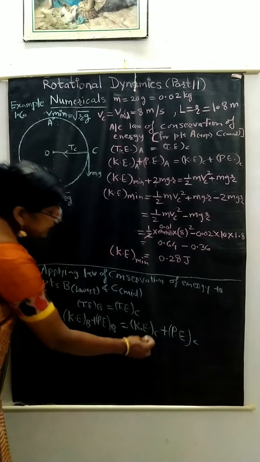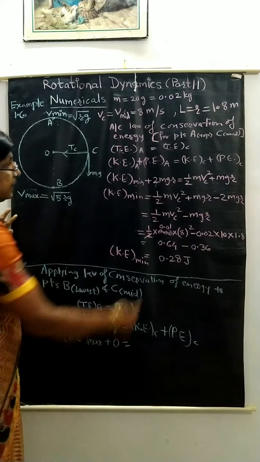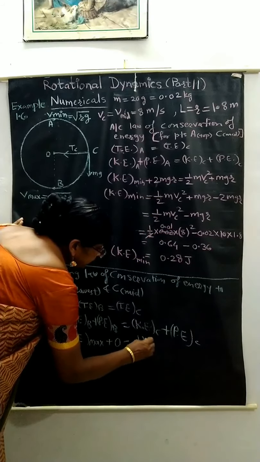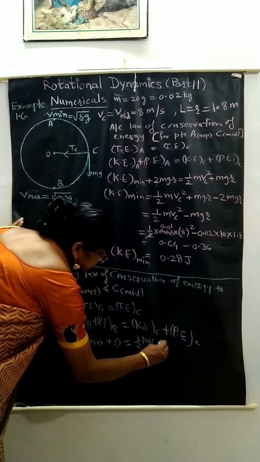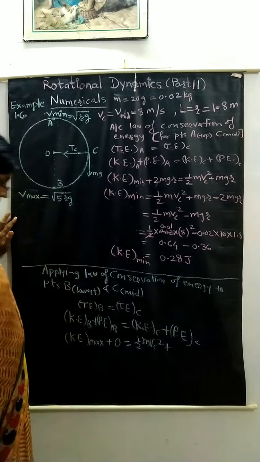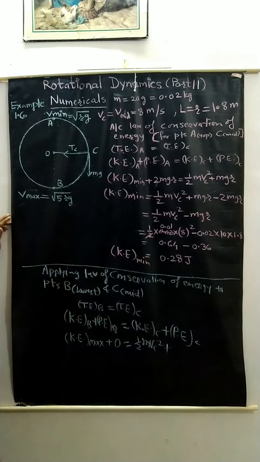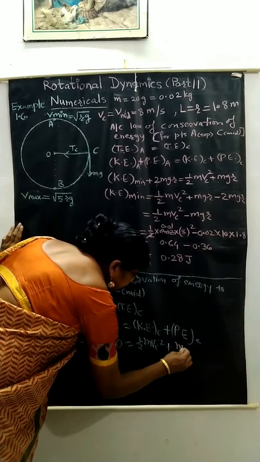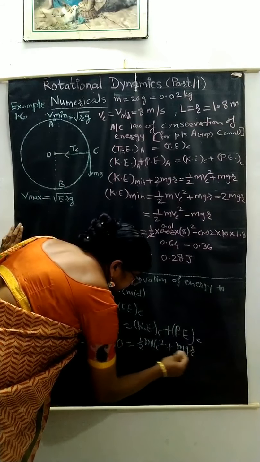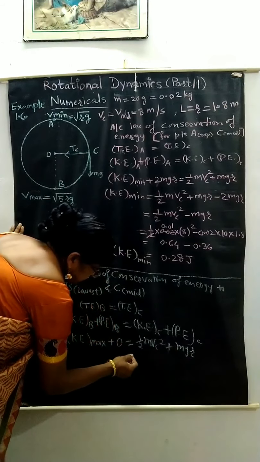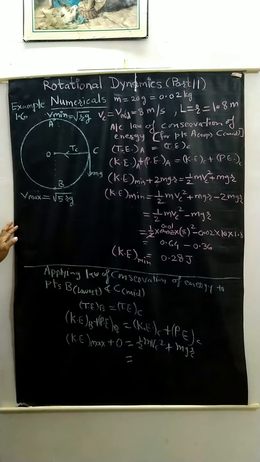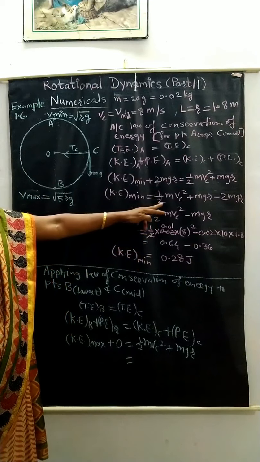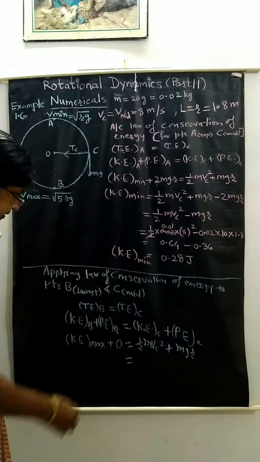Then kinetic energy at point C is half mvc square, plus potential energy at point C is mgr. Now no need to calculate this again. We have calculated half mvc square as 0.64.